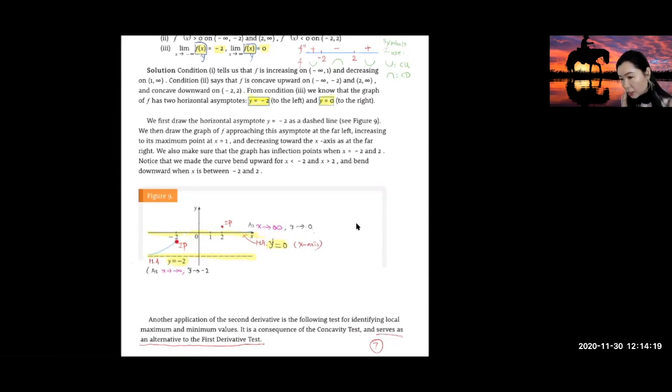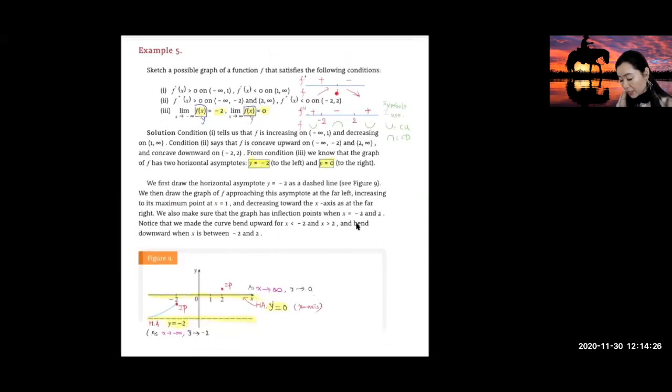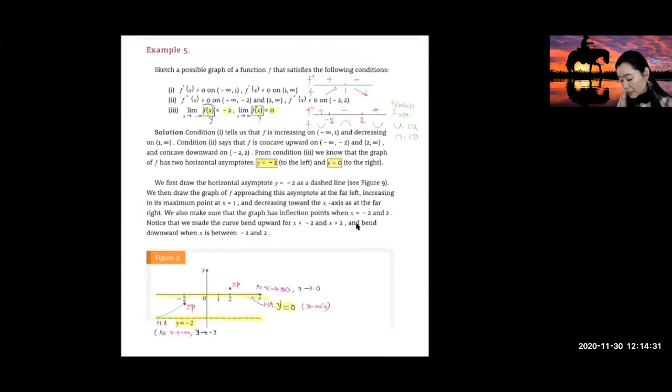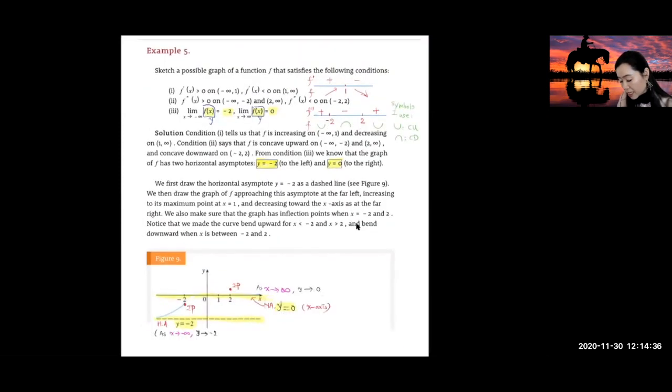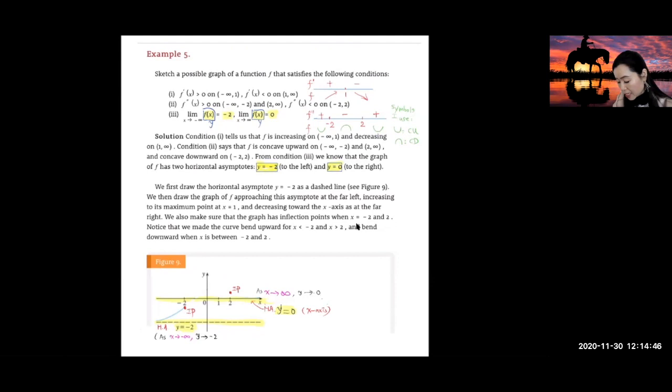Between negative 2 and 1, remember, the graph is going to be concave down. You see the graph over here? It is concave down and the function is increasing.